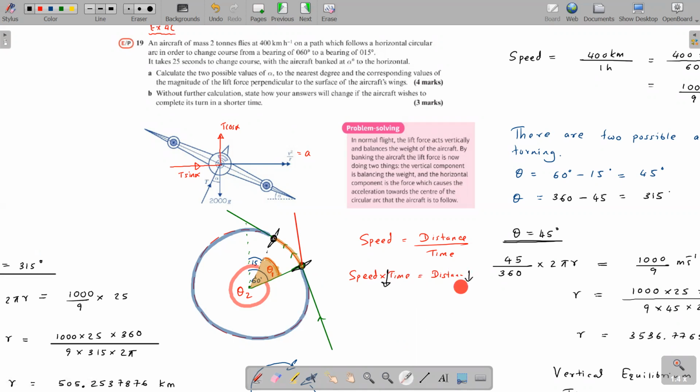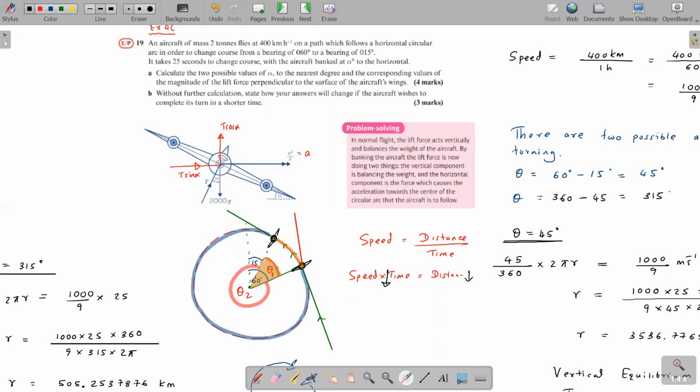Distance in the sense of the radius, right? So if you want to complete the turn in a shorter time, you'll have to probably decrease the radius. So it makes sense, right?